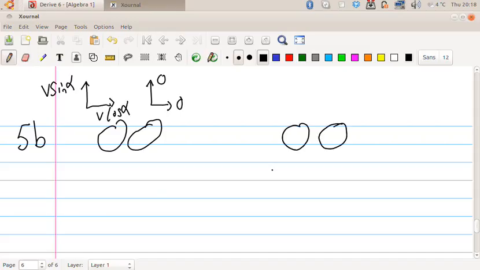Now here's the trick in case you forgot it. The collision happens along the line of centers, which means in this case only the horizontal components change, which is good news for us because it means those vertical ones still stay the same, which is 0 and V sine alpha. These two change though, so I'll call it P and I'll call it Q. And this is going horizontal now.